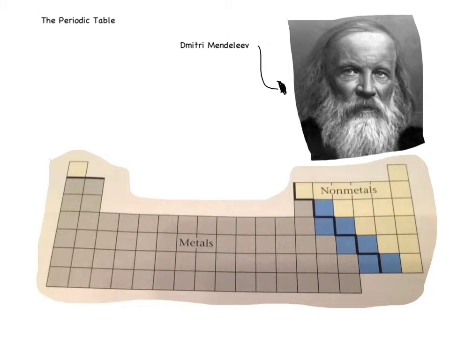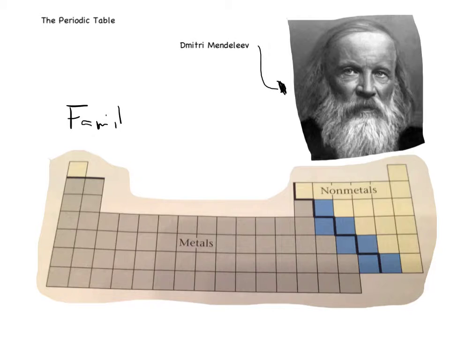And the reason the periodic table exists, and the reason it's called the periodic table, is because Mendeleev noticed and organized the table according to similar properties. What that means is, if you look on a periodic table, the columns here are known as families.